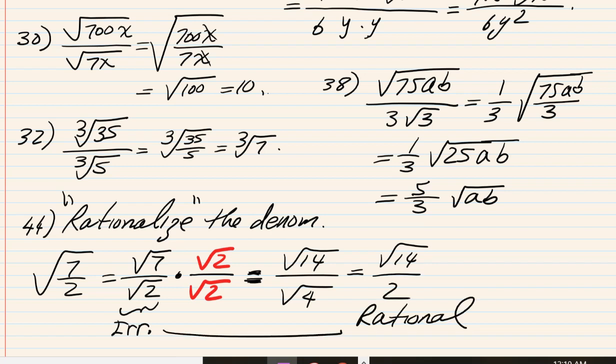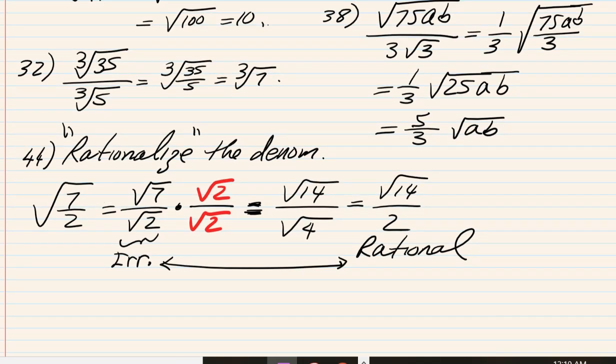So this process of taking an irrational denominator and turning it into a rational one is called rationalizing the denominator. That's what we just did. So we're done with that one. When we say rationalize the denominator, it means we do not want radical signs in the denominator.